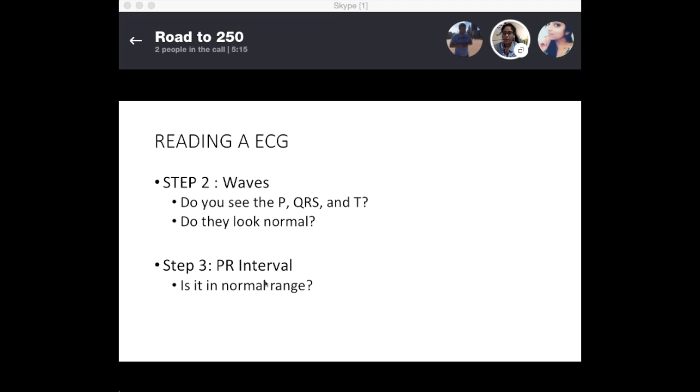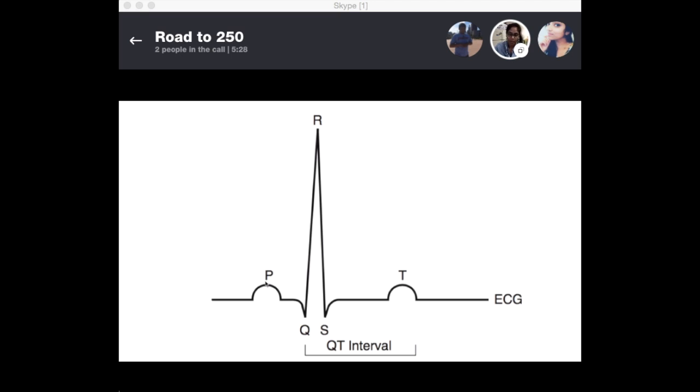Here you want to see whether it's in normal range, which is 120 to 200 milliseconds, or 3 to 5 boxes. This picture is just representing your normal P, QRS, and T wave.